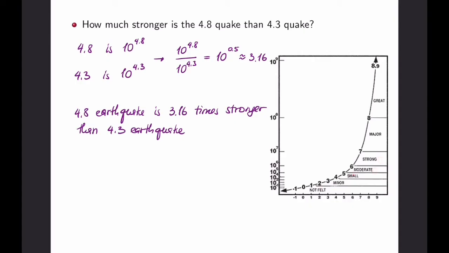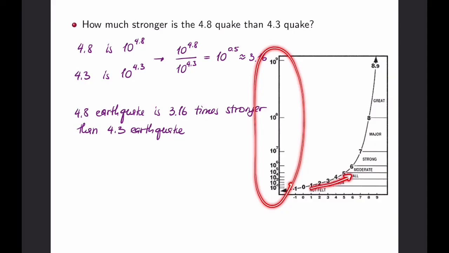But you notice that the scale isn't what we call linear, so the distances between 1 and 2 are not the same as the distances between 6 and 7, as we would expect on a linear scale. In fact, these distances keep growing and get bigger and bigger, because what they actually correspond to are powers of 10, not just themselves as numbers.